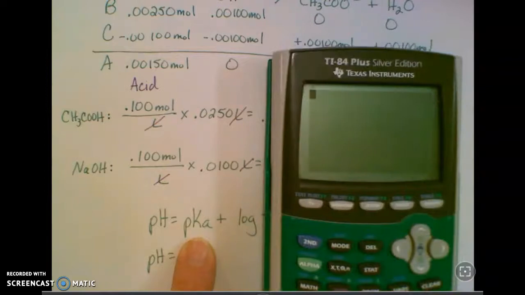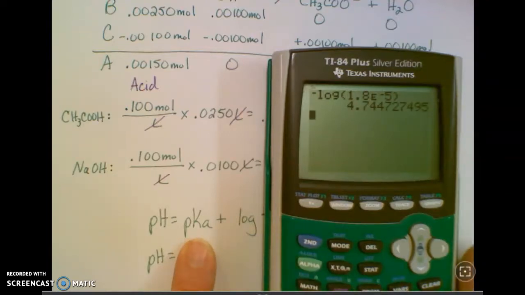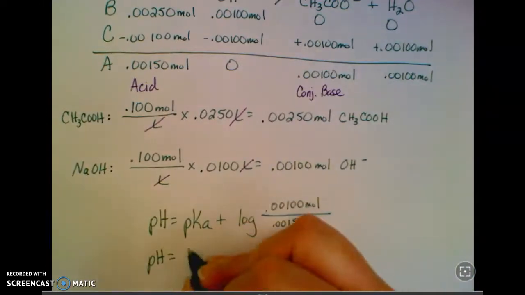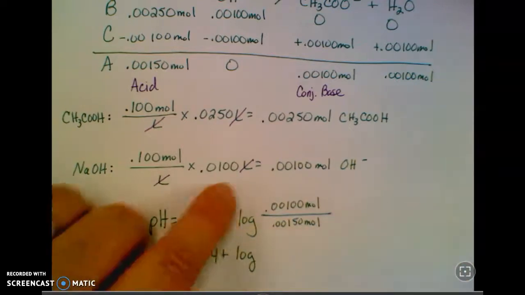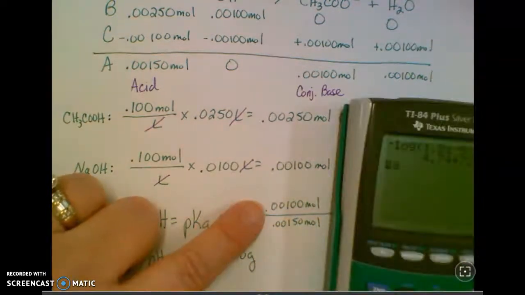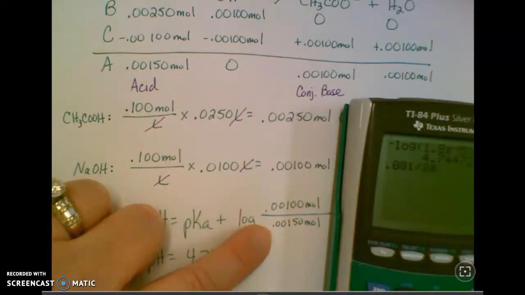So pH equals pKa. Remember how to do pKa. It's the negative log of your Ka, which was 1.8 times 10 to the negative fifth. So 4.74 plus the log of 0.001 divided by 0.0015, 0.667.